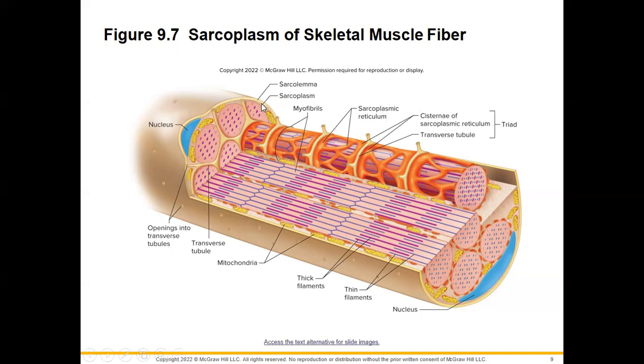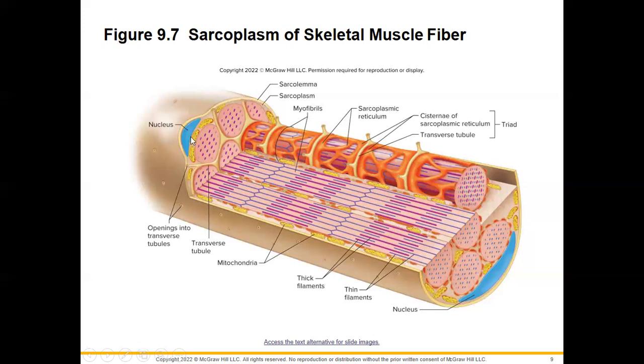Your sarcoplasm is the liquid cytoplasm of the cell. So that is the fluid that surrounds each organelle in that muscle fiber. The sarcolemma is the name of the cell membrane of a muscle fiber.